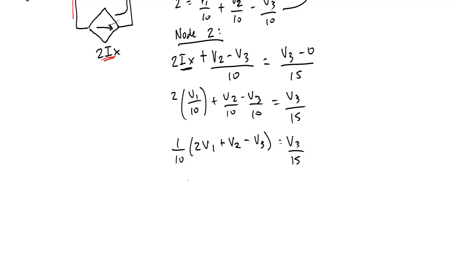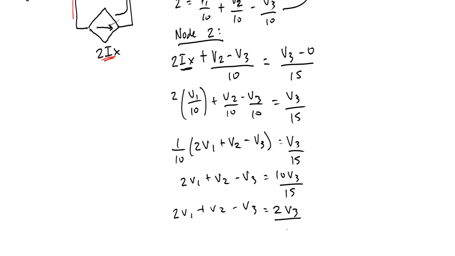Let's multiply both sides by 10 to get rid of this 1 over 10. So we get 2v1 plus v2 minus v3 equals 10 v3 over 15. Simplify this down. This is going to become 2v1 plus v2 minus v3 equals 2v3 over 3.